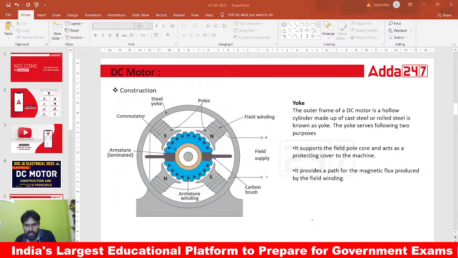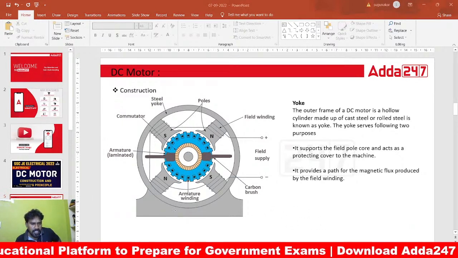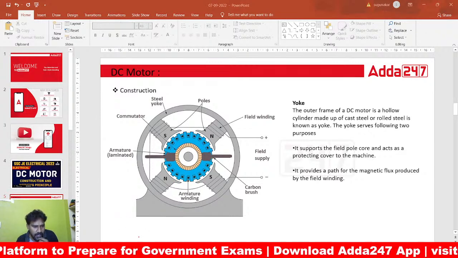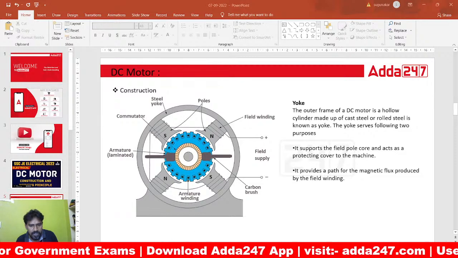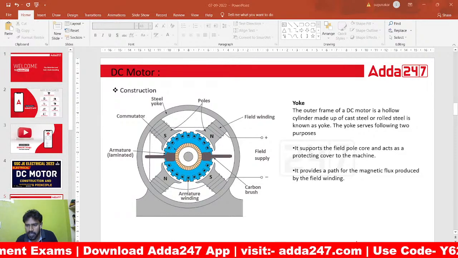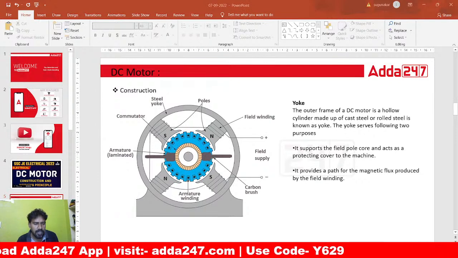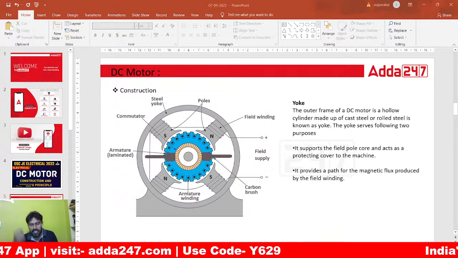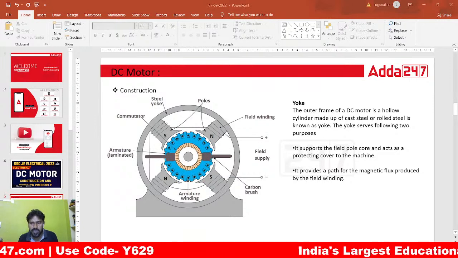Okay, so we should maintain the constant value by adjusting the commutator brush positions. So current flows from the external DC source to the armature winding through the carbon brushes and the commutator. Okay, so current must be collected from the commutator through the brushes only.